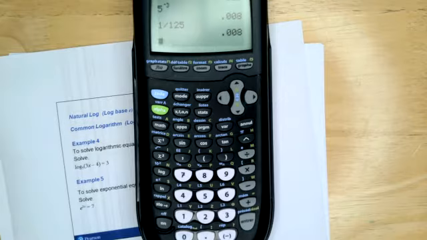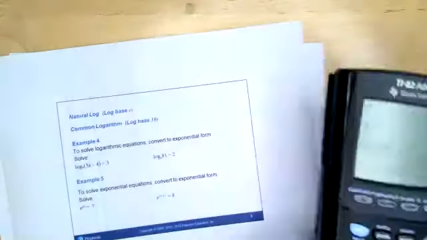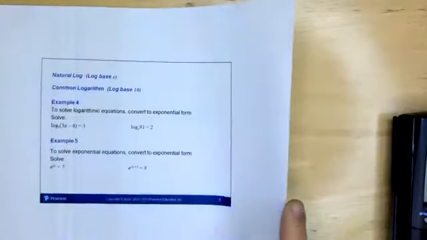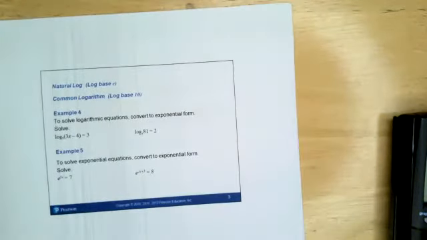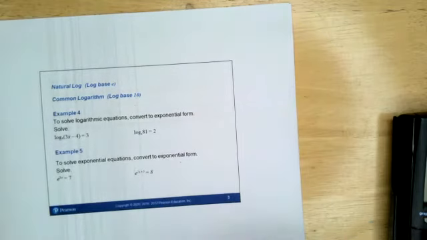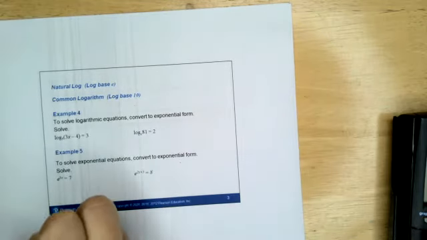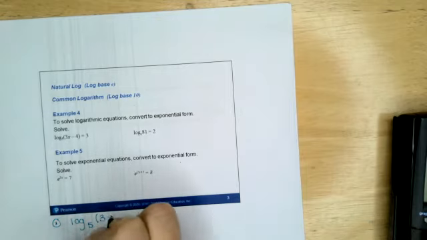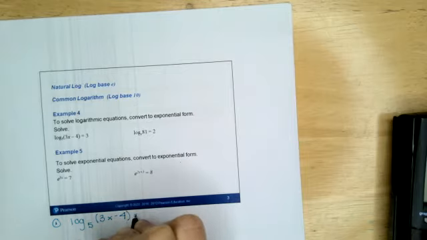So, to solve logarithmic equations, convert to exponential form. Here we have log base 5 of 3x minus 4 equals 3. Log base 5 of the quantity 3x minus 4 is 3.